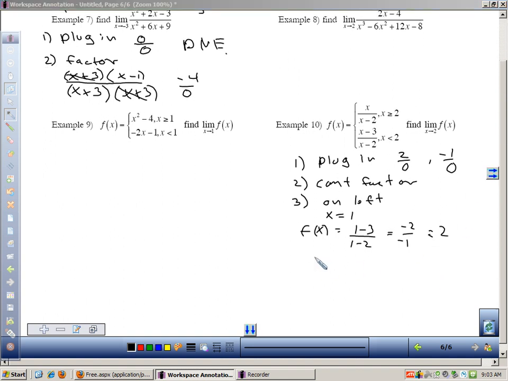On the right, I'm going to go just a little bit to the right of 2. I'm going to plug in x equals 3. So at x equals 3, I'm using this function now because I'm bigger than 2. I get 3 over 3 minus 2, which is 3 over 1.